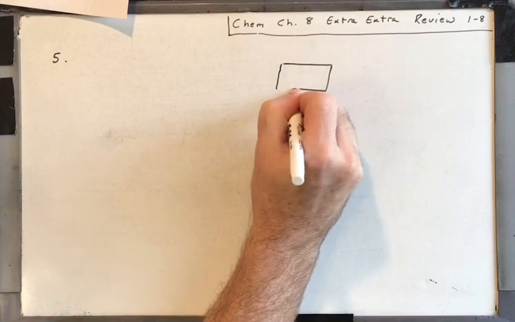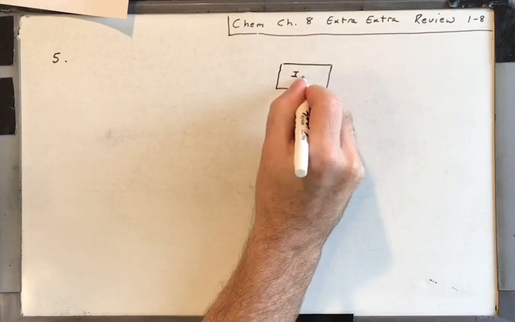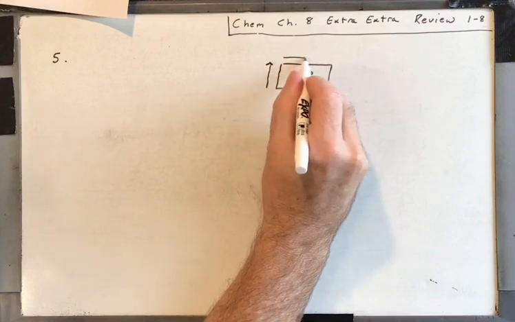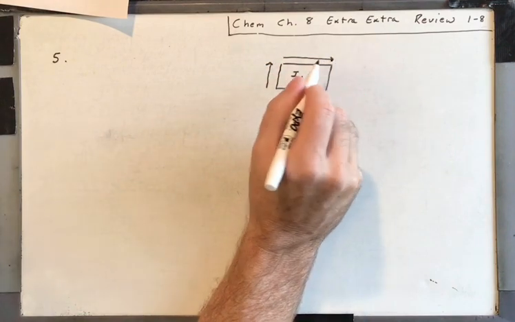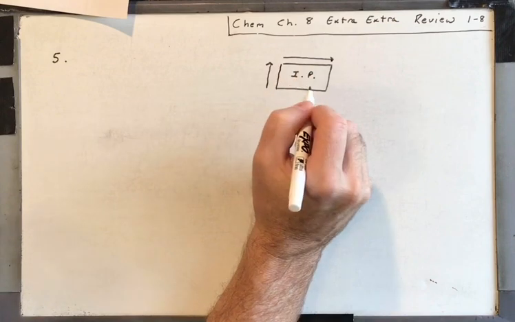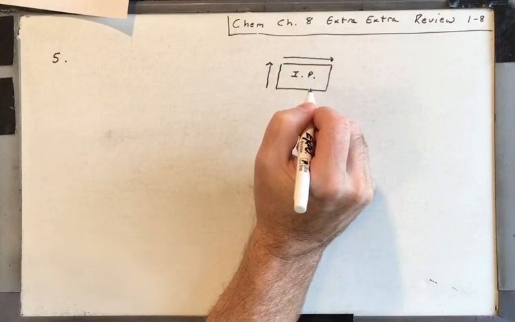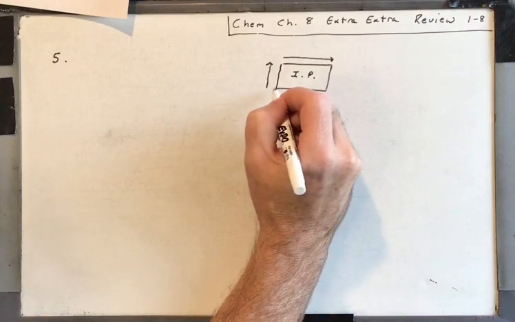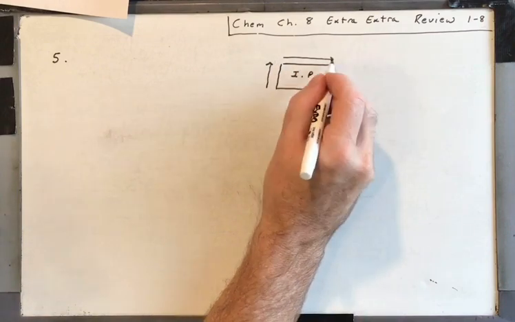So remember ionization potential. So if you want, why don't you pause the video and work 5, 6, and 7 yourself and see what you get, and then hit play and see if you got them right. So for ionization potential, we increase going up and increase going to the right.